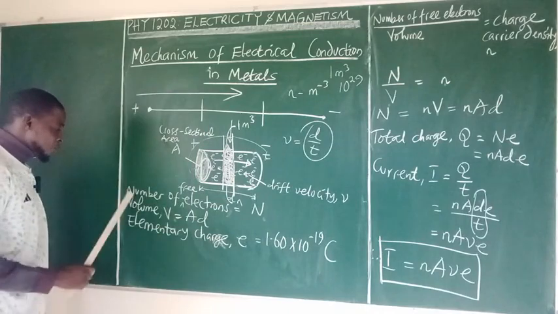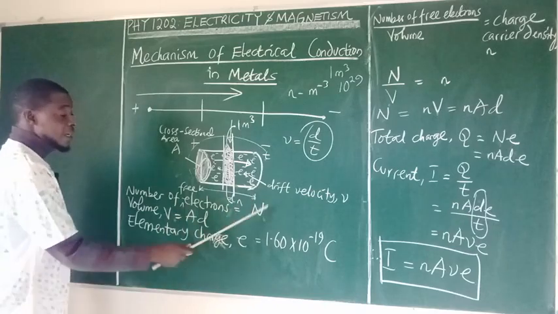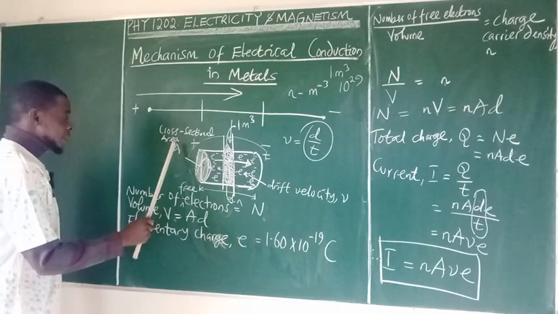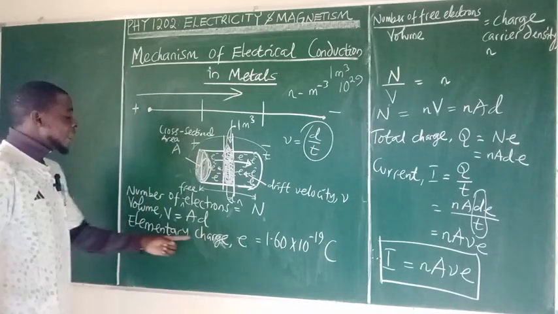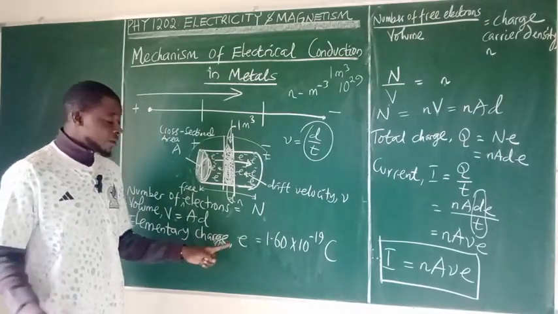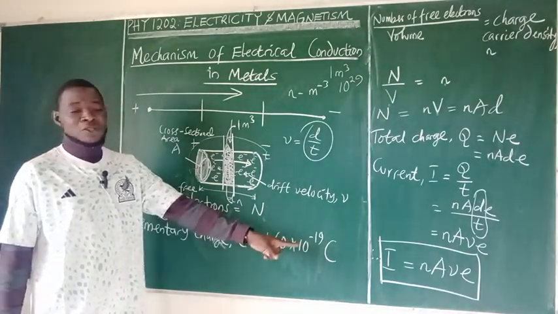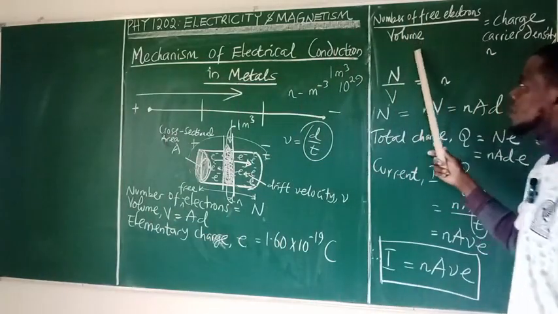Then the total number of electrons that you have here is denoted by N. The volume of the material V is area times the length d, Ad. Then the elementary charge, each electron carries this charge, e equals 1.60 times 10 to the power of minus 19 coulomb. Now, this ratio is important.